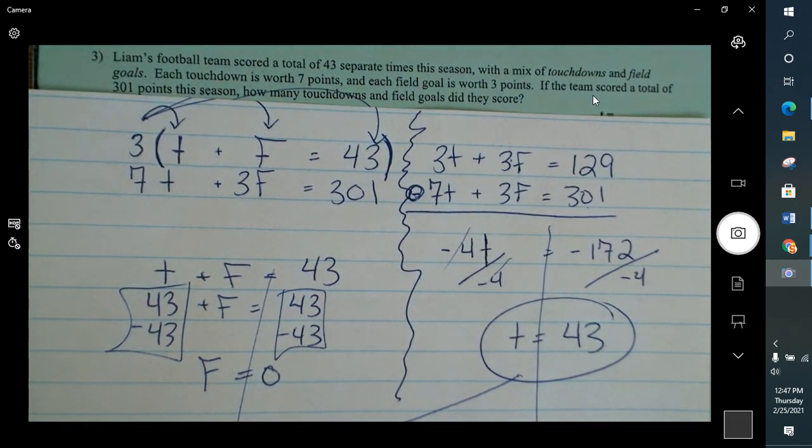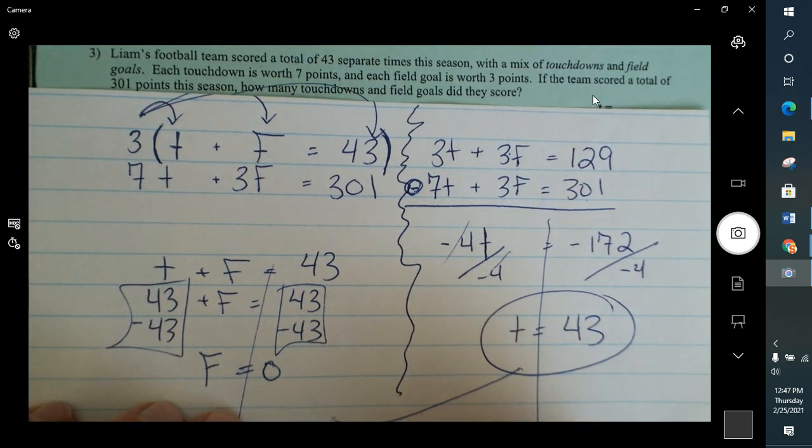I guess it makes sense. They did not score any field goals this season. They scored only touchdowns, 43, no field goal scores. Maybe they attempted, but they never did score. So our answer here would be T equals 43 and F equals 0.